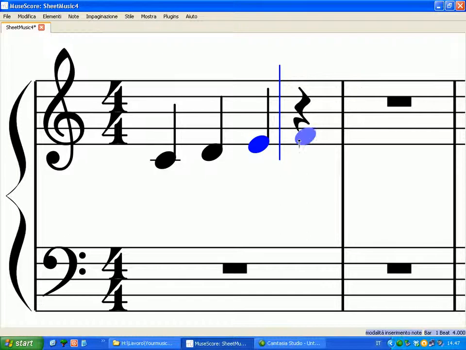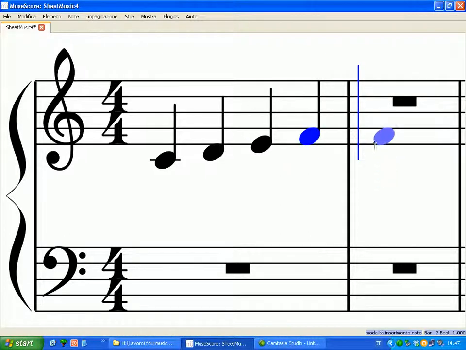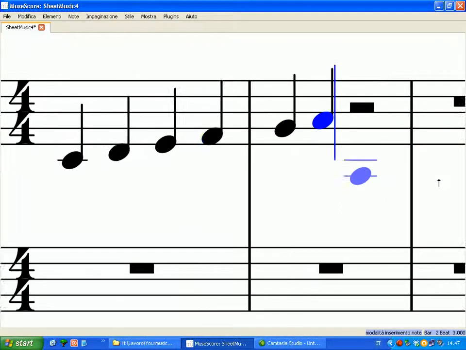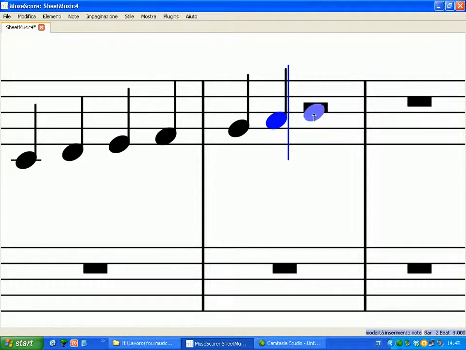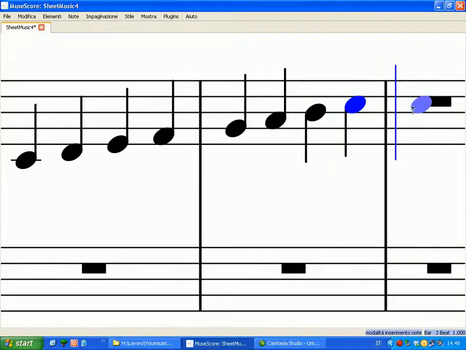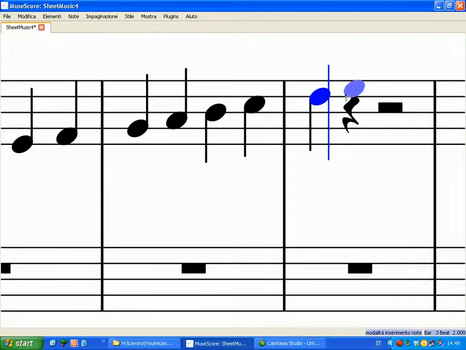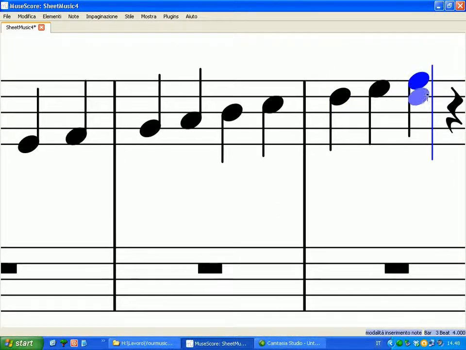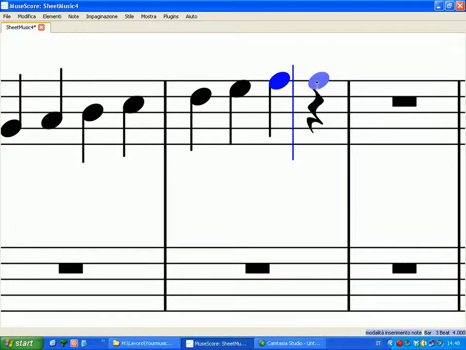Then the F on the first space, then the G on the second line, then the A on the second space, then the B on the third line, then the C again on the third space, then D on the fourth line, E on the fourth space, F on the fifth line, and then again I go outside.